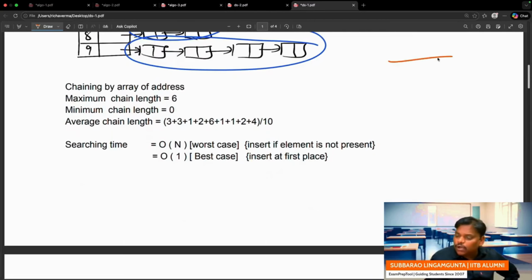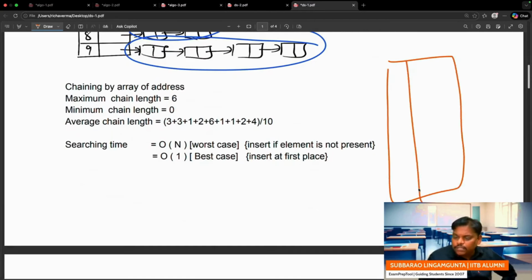Some people are asking, how will you implement chaining? I think it is nothing but an array of addresses, an array of pointers. In the case of the C language, it is going to be an array of pointers. In every language you can implement it using some technique. Here you use an array of pointers. Using addresses you can implement it.